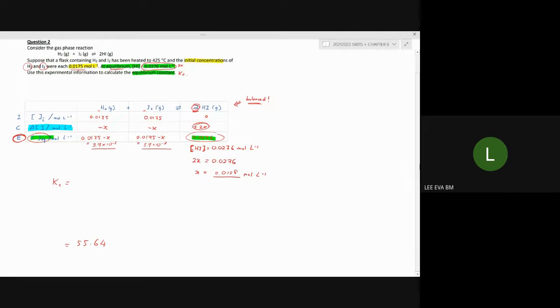Okay, cuba keluarkan Kc expression dapat tak? Teacher, dekat soalan dia tulis at equilibrium HI equal to 0.0276 kan. Tapi HI tu bukan untuk 1 mole of HI ke? Kalau yang bawah tu bukan dia dah 2 mole of HI.